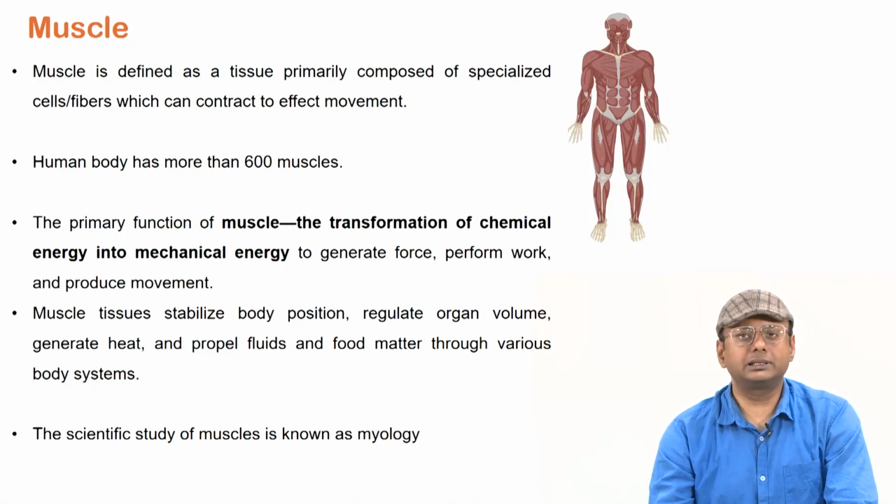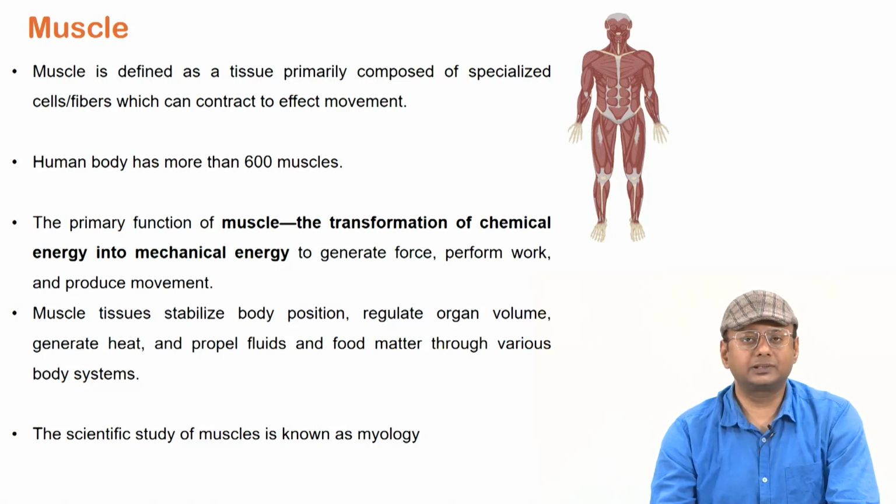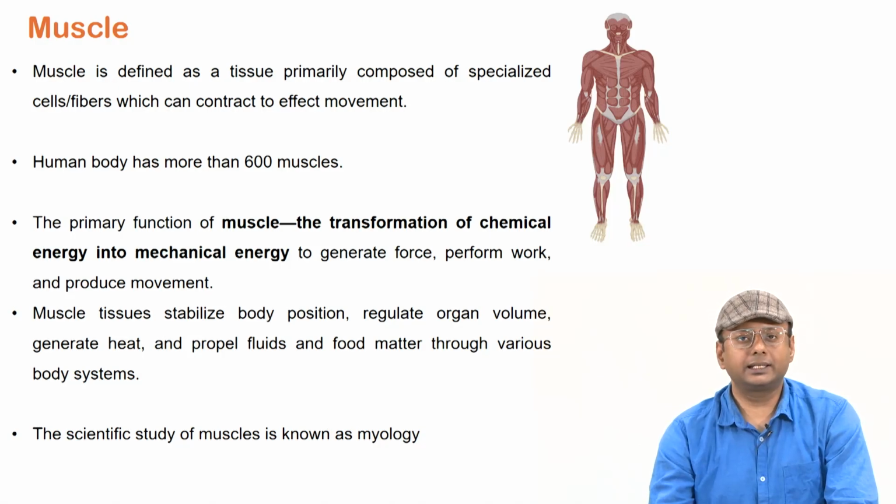First, what is muscle? Muscle is defined as a tissue primarily composed of specialized cells, fibers, which can contract to effect movement. So basically, if there are certain environmental responses, for example sensory responses, those responses are generally accepted by the sensory nerves, and those signals are sent first to the spinal cord and then from the spinal cord to the brain.